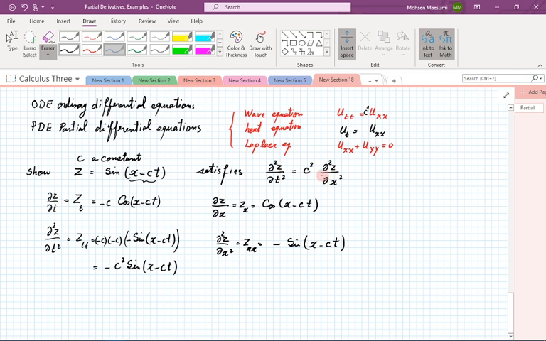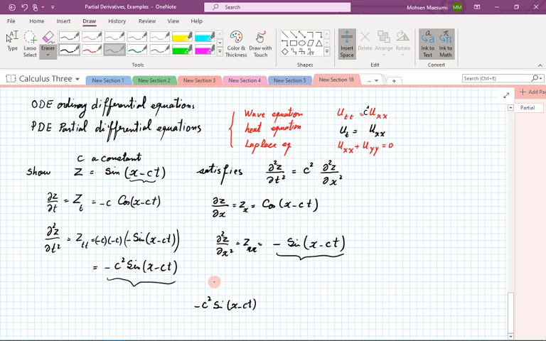What is it that this equation asks of you to show? It's asking you to show that this whole thing is equal to this expression times the c squared. The second derivative of z with respect to t is equal to, so here you are right, minus c squared sine of x minus ct.